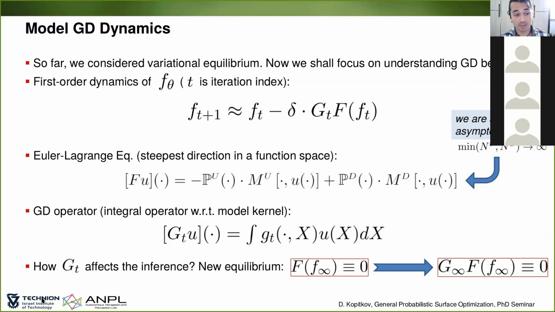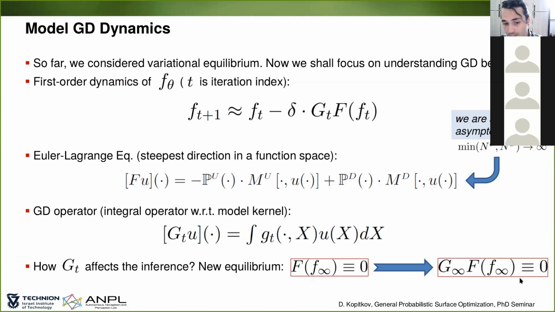And the question is how G_t affects the inference. So what are the properties of G_t, and what should we expect at the equilibrium? And the simple observation is that our equilibrium changed. So before we used this Euler-Lagrange equation, functional derivative equal to 0, which produced the balanced state that we used for different applications.